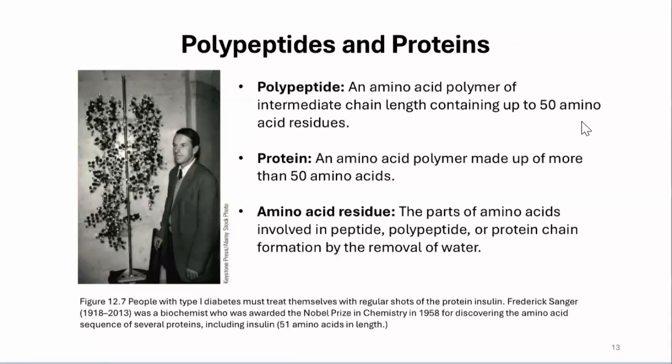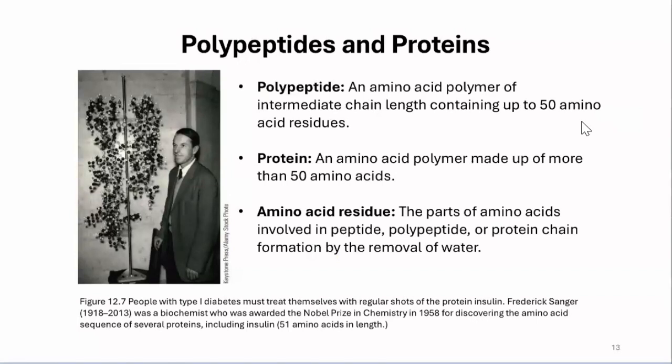So far, I have mentioned the idea of a protein and an amino acid. And you have heard me use the word peptide. Let's formally define what is a peptide versus a protein versus an amino acid. A peptide is just going to be the units of amino acids coming together and making a polymer, which is going to be a molecule in which the amino acids are the basic unit.